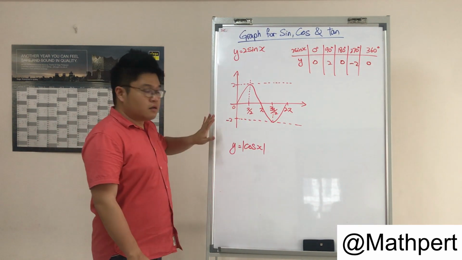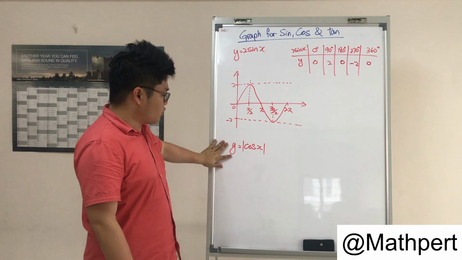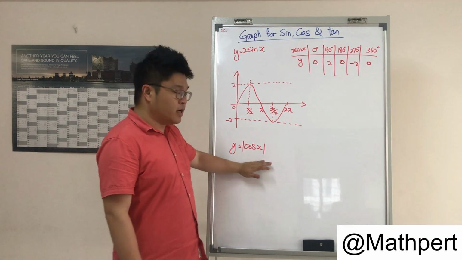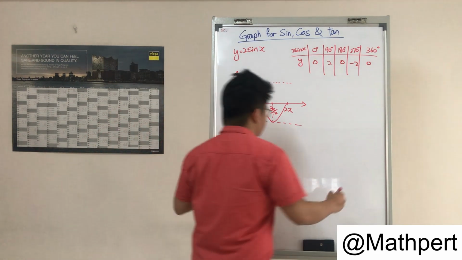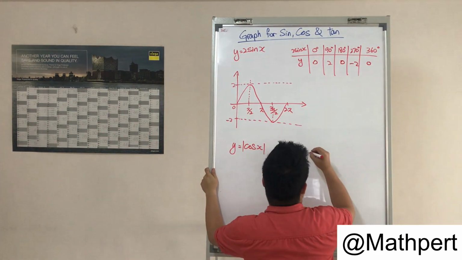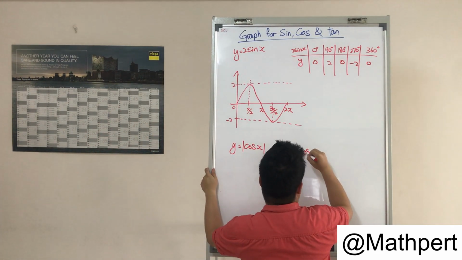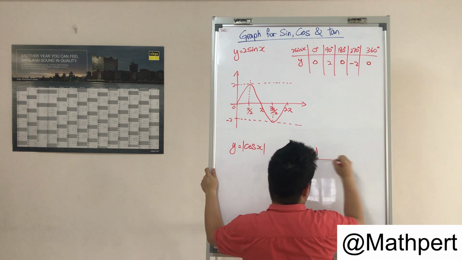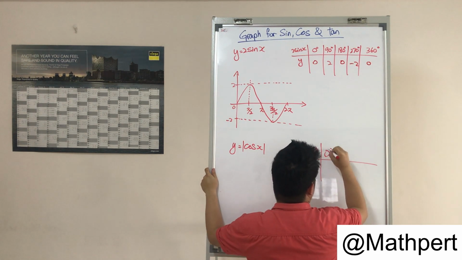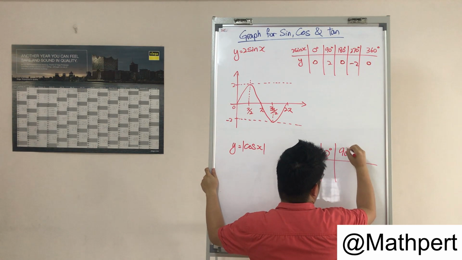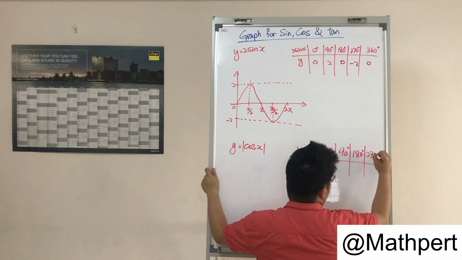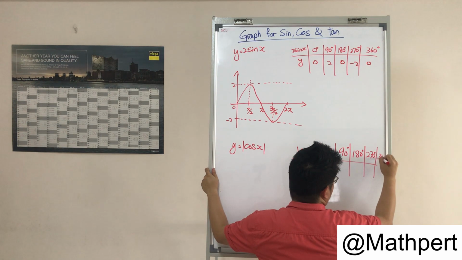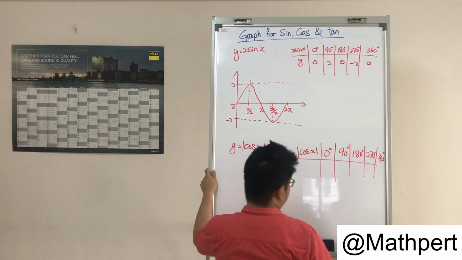Next, let's sketch this graph: y equals modulus cos x. So let's draw this table out. Cos x: 0 degrees, 90 degrees, 180 degrees, 270 degrees, 360 degrees.